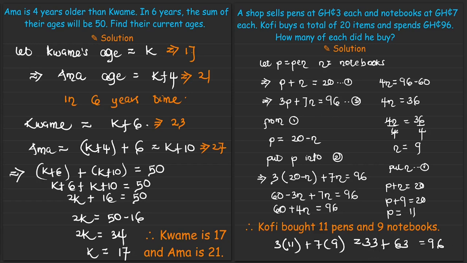Very, very simple. We are almost getting to the end of this lesson. Let's solve our last question. For this last question, I advise you pause the video and try it on your own before you come and look at the suggested solution.